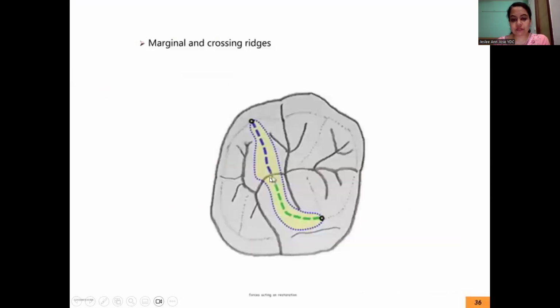Apart from the supporting cusp, we have the marginal ridges and the crossing ridge or the oblique ridge. Now, in case of a maxillary first molar, the oblique ridge traverses from the mesiopalatal cusp to the distobuccal cusp.